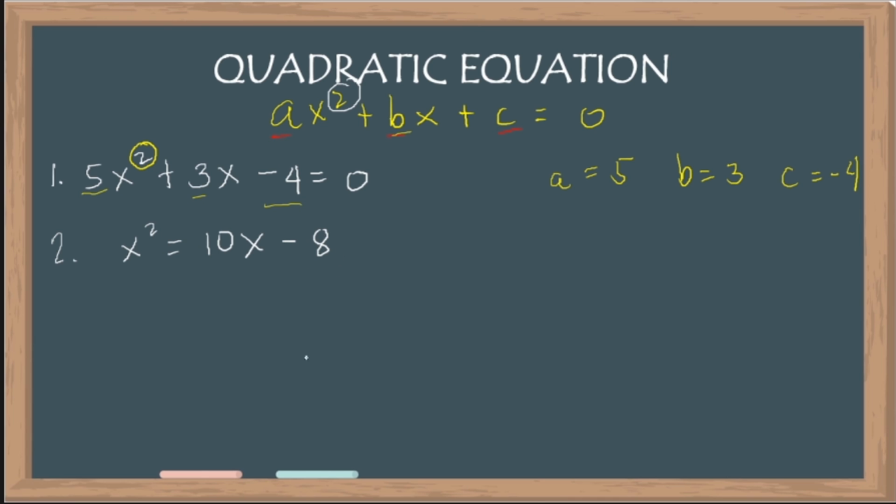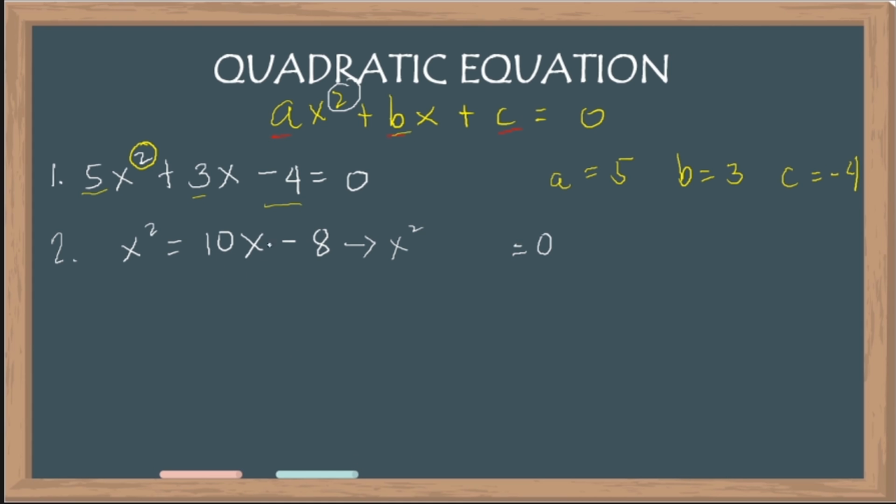So, ang gagawin natin ngayon, gagawin natin munang standard form. So, i-copy x squared. Kailangan sa standard form yung 0 ay nasa right side. So, dapat nandito yung 0 sa right side.